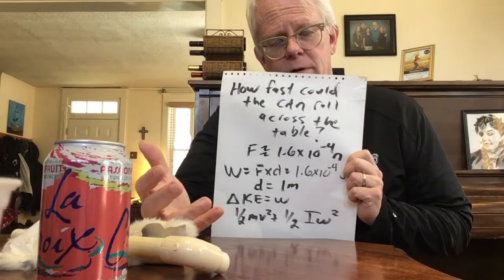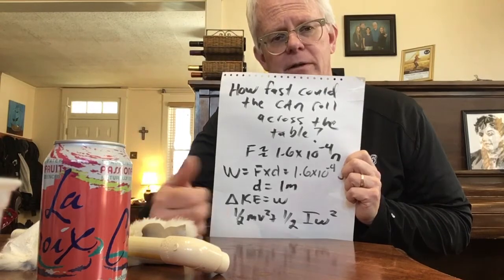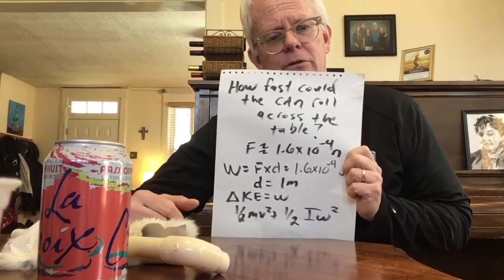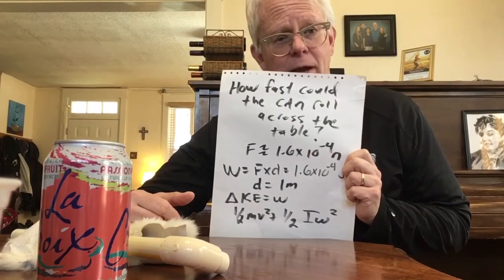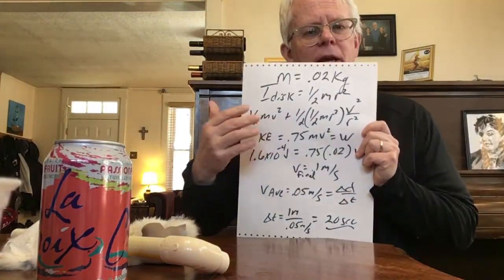So if the work energy theorem is true, the kinetic energy change is equal to the amount of work that was done. Then that change in kinetic energy, which I'm pointing to right down here, those two terms added together ought to equal that work. So this is the rest of the calculations.